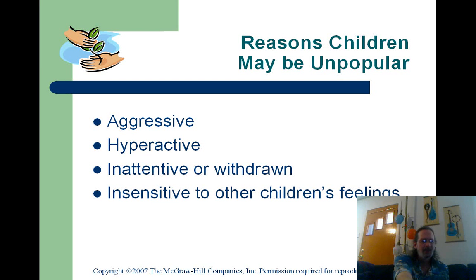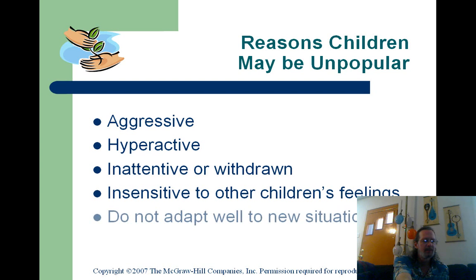Not being sensitive to other children's feelings, hurting their feelings and then just not caring, that sort of thing tends to irritate people. If they don't adapt to new situations, this is kind of characteristic of difficult children compared to easy children.